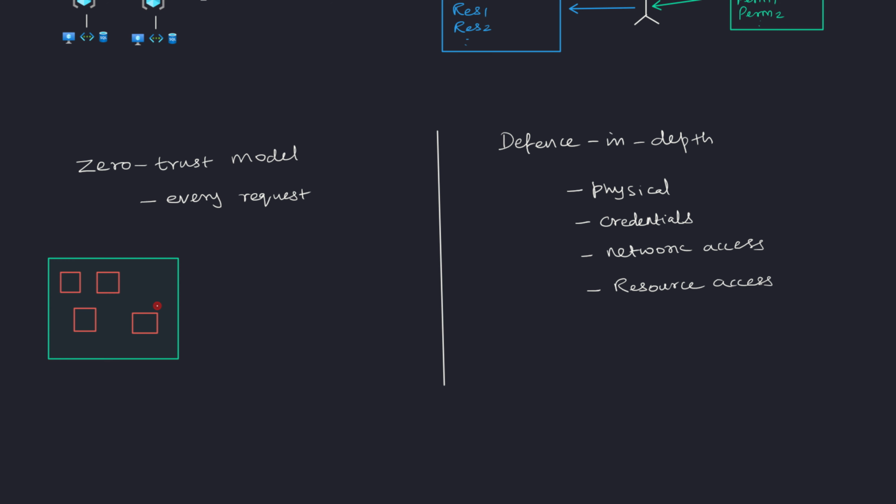But in the zero trust model, what we do is we don't have any such concept of a secure area. Okay, we treat every request as a potential threat and we will validate it. We will make sure the incoming request is legitimate and has enough permissions to perform that operation.